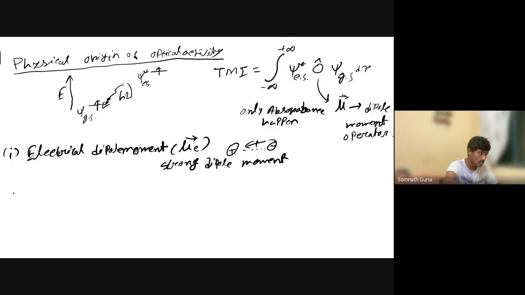Second is the magnetic dipole moment, which is denoted by mu m. This is very weak.